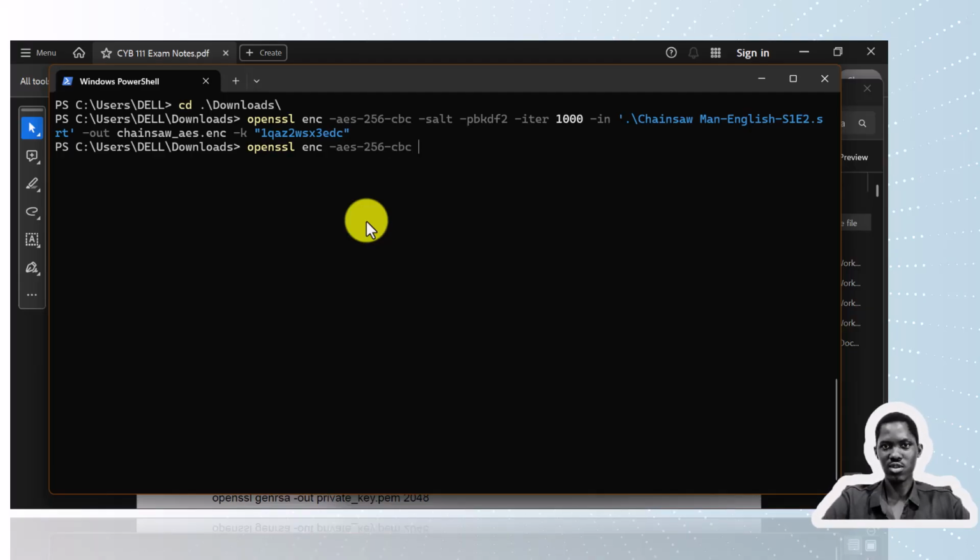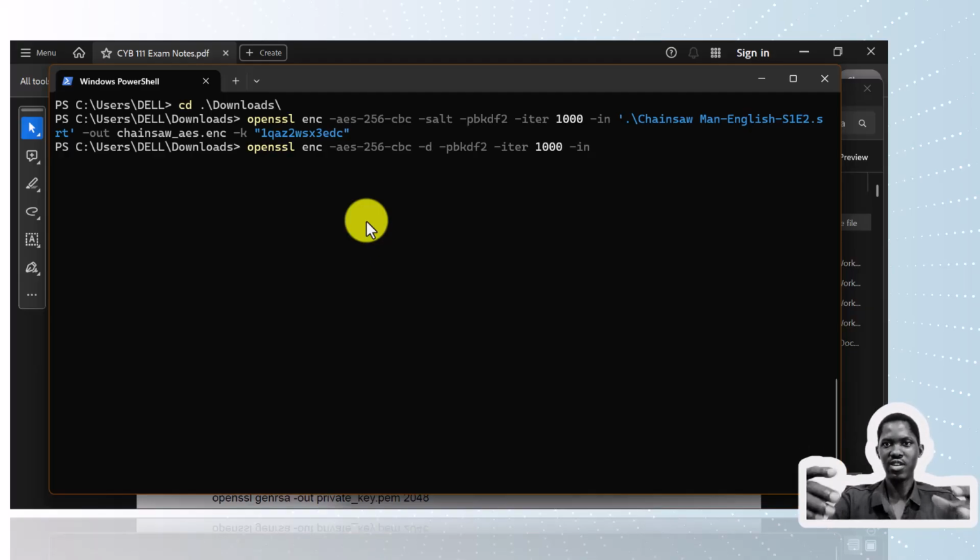Now, instead of -salt, because we use salt to encrypt, it will be -d, which is for decrypt. And then we'll use our public key derivation function 2, PBKDF2, and then the same -iter 1000, right? The same iteration count, we use the same thing.